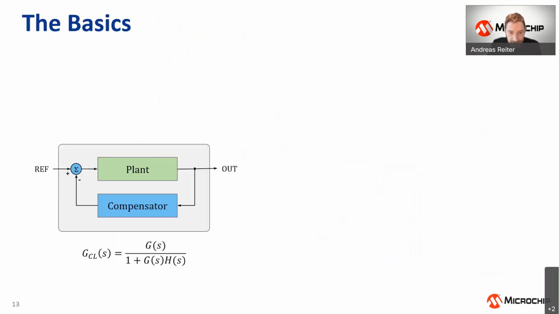Before we dive in, I would just like to bring everyone onto the same page about what we're trying to do and what the basic approach is. When we are looking at any kind of feedback system design, it's quite simple. The closed loop transfer function is defined by the plant gain over 1 plus the plant gain times the feedback gain.